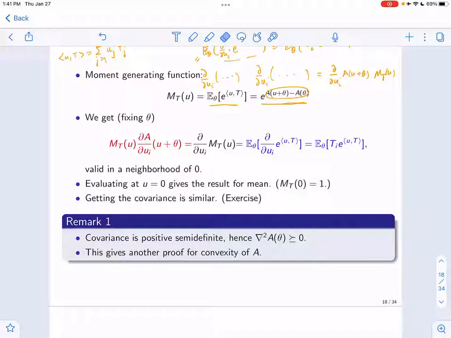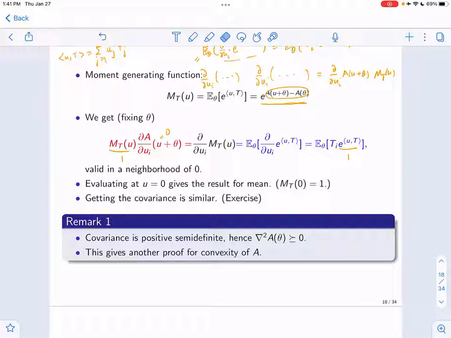Then I set u to be 0. This holds for any u. It's valid in a neighborhood of 0, in particular at 0. So we set u to be 0. This is going to be 1, and this is also going to be 1. This is going to be 0. If I take u to be 0, then the MGF is 1. That's true always.